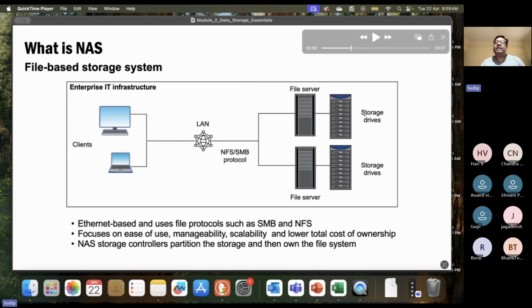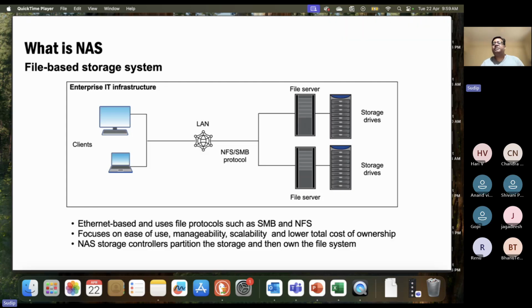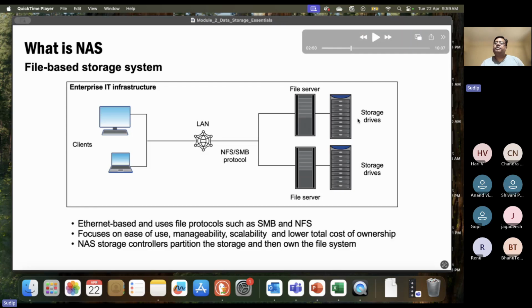So is there any dependency on the server or the host? No. Can an end user directly connect to a storage and read and write data from it? Yes. And this is the primary difference between a SAN and a NAS. Who owns the file system? Now, what kind of file system, we will see later.